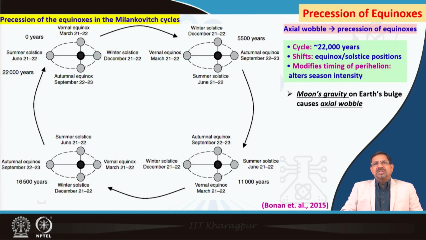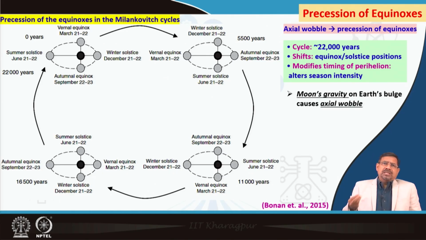Now, in terms of the precession, the wobble gives us the precession, which is explained by the precession of equinoxes. All of us know these terms: the summer and winter solstices and the vernal and autumnal equinoxes. At the equinoxes, the day and night lengths are the same, 12 hours. The summer solstice is around 21st June, and the winter solstice is 22nd December, where you have the longest night and shortest day.